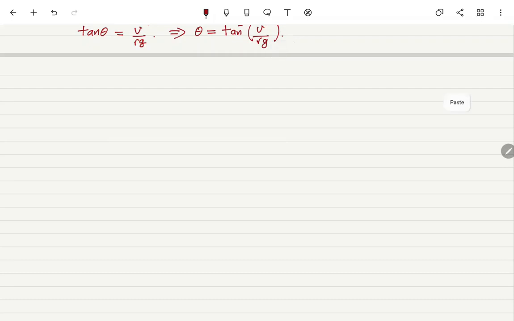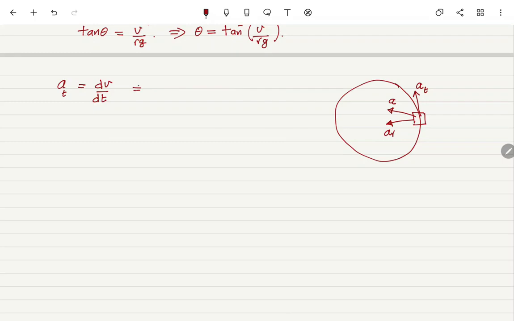Now let's see this one here. We have a circular path. If the object is moving with non-uniform circular motion, it has tangential acceleration, and it has the radial acceleration, and the resultant one, which is somewhere here, is A. Now A tangent is calculated by the first derivative of V with respect to time.